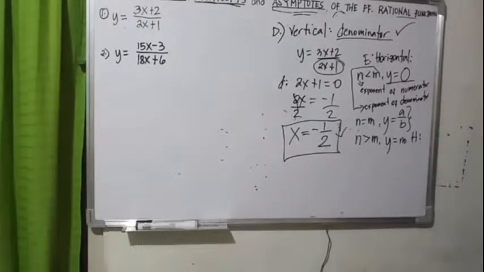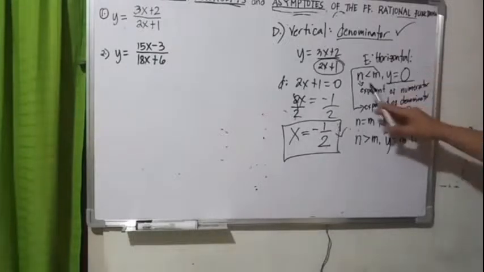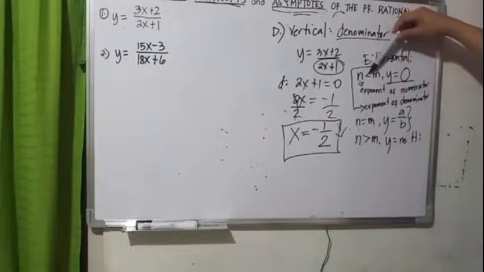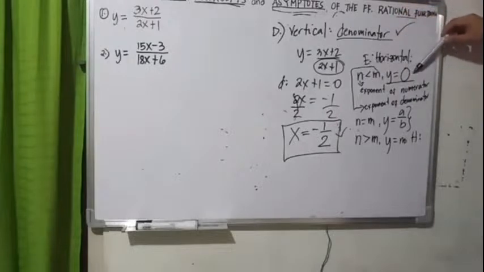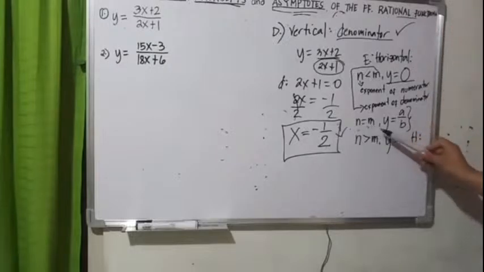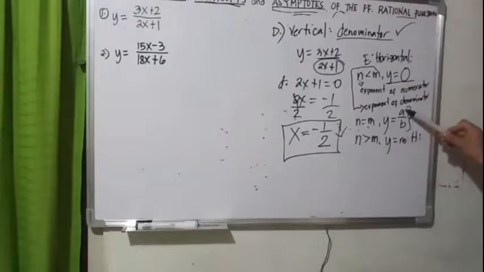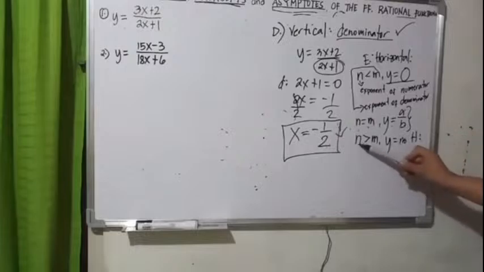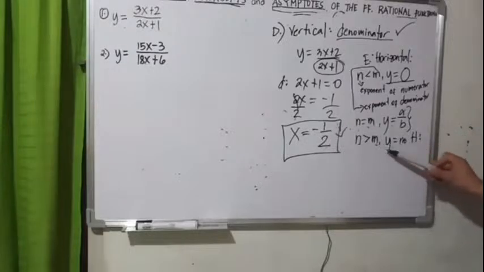Yan ang tandaan. First, if n is less than m, horizontal asymptote is 0. If n equals m, a over b. If n is greater than m, no horizontal asymptote.